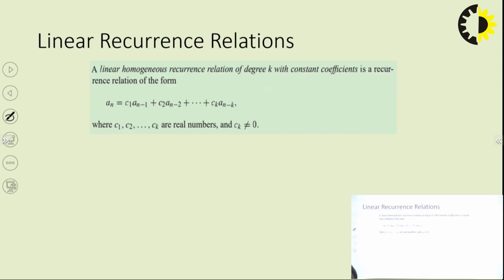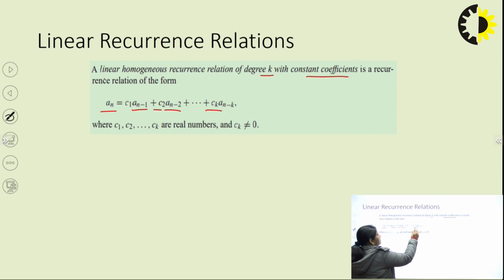Here I am taking the general definition of a linear recurrence relation. By linear, I mean the power is 1 only. On this particular slide, we are starting with homogeneous recurrence relations. A linear homogeneous recurrence relation of degree k with constant coefficients is a recurrence relation of the form an is equal to C1 an minus 1 plus C2 an minus 2 plus C3 an minus 3 and so on.